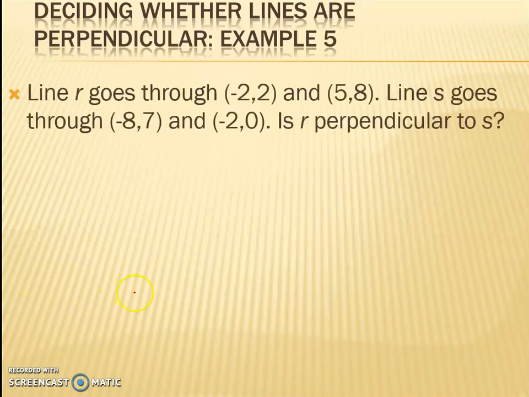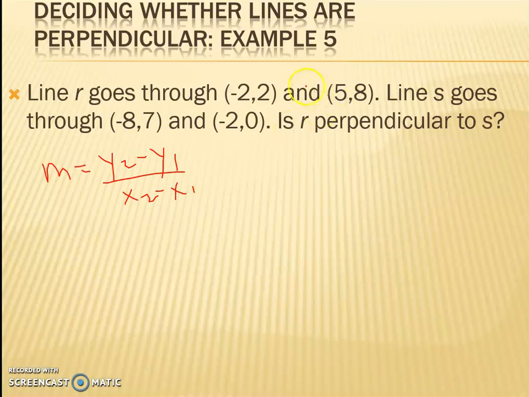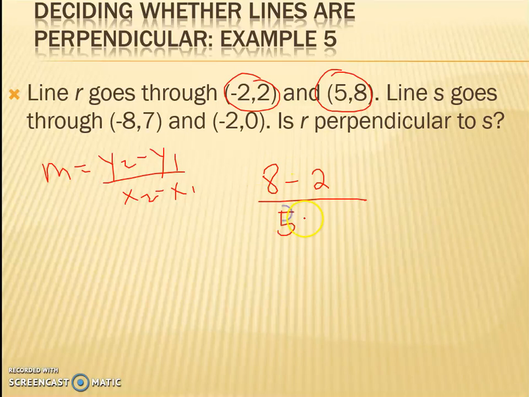Let's look at the next example. Line R goes through (-2, 2) and (5, 8). Line S goes through (-8, 7) and (-2, 0). Is R perpendicular to S? You just have to find the slope. Slope is y2 minus y1 over x2 minus x1. So you find the slope using these two points: 8 minus 2 over 5 minus negative 2.